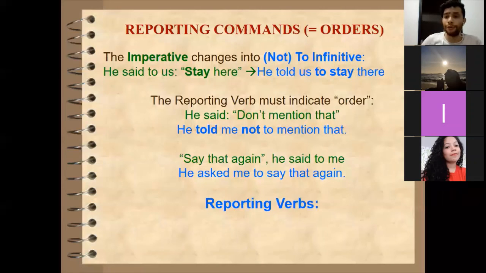Guys, is this clear for you? Yes. Sé que tienen que practicar más porque puede ser un poco confuso, ya que ya les vengo explicando la manera convencional con tantos cambios, ¿cierto? Del reported speech, y esta es una forma completamente diferente del reported speech. So, hay que practicarlo, all right?